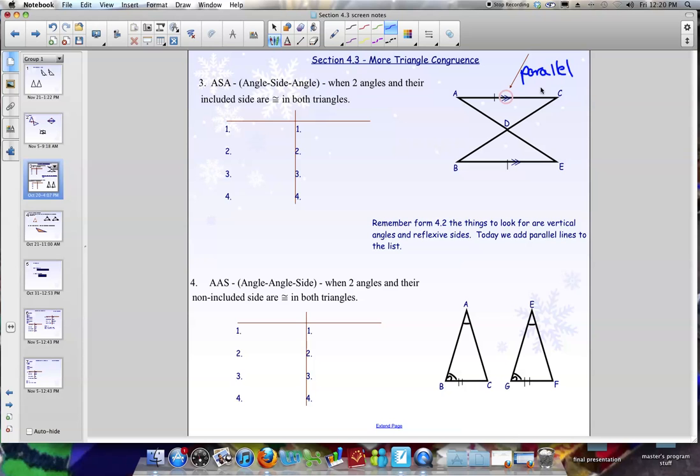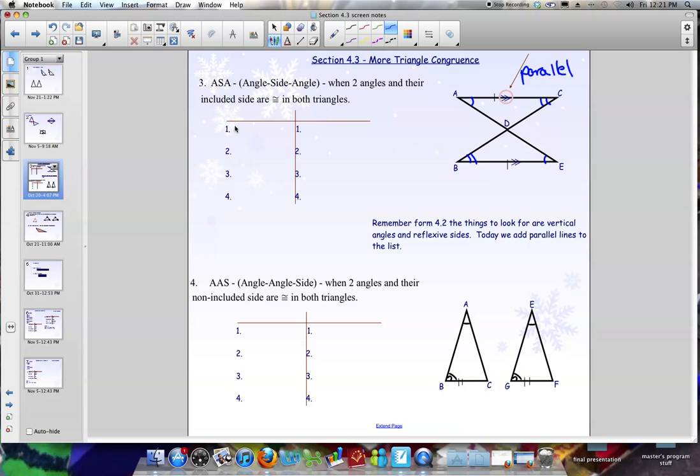So from previous lessons, we know that parallel lines cut by transversals create congruent angles. The angles in this case that would be congruent are angle A and angle E because they are alternate interior angles, and angle B and angle C are also alternate interior angles.